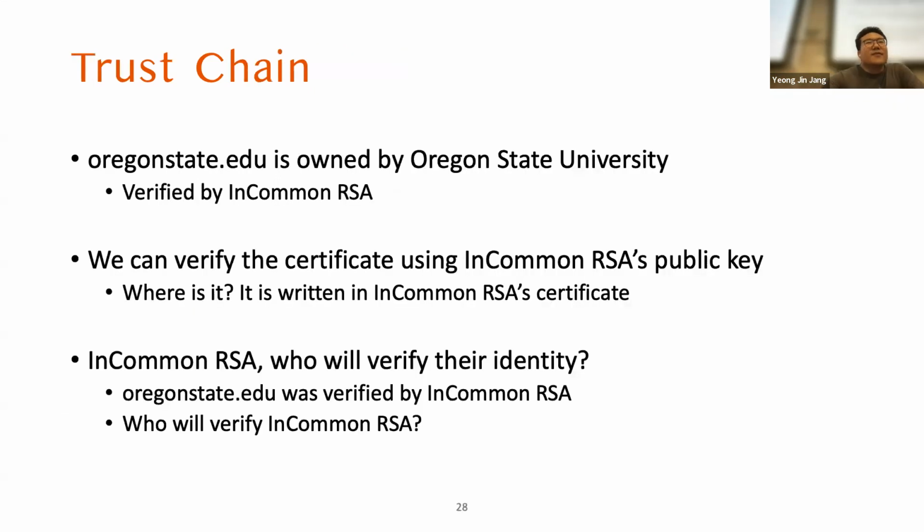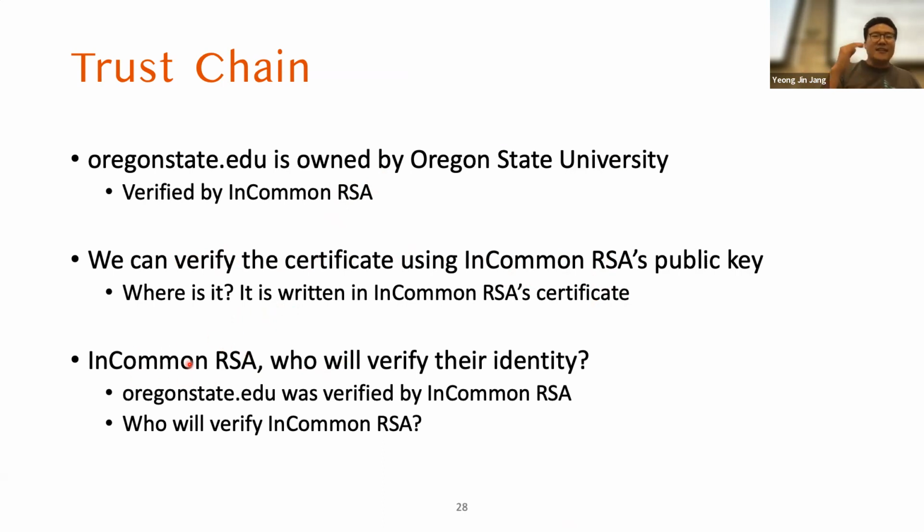I just demonstrated that OregonState.edu was assured by InCommon RSA. We have seen that in the certificate. Then we can verify that the certificate is signed by InCommon RSA's public key, right? But the problem is, who will verify this company's identity?